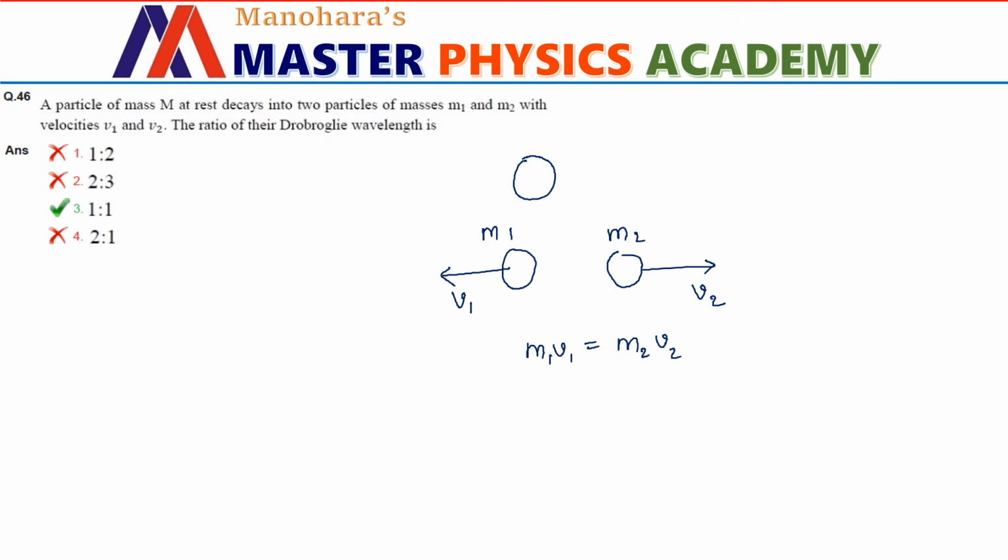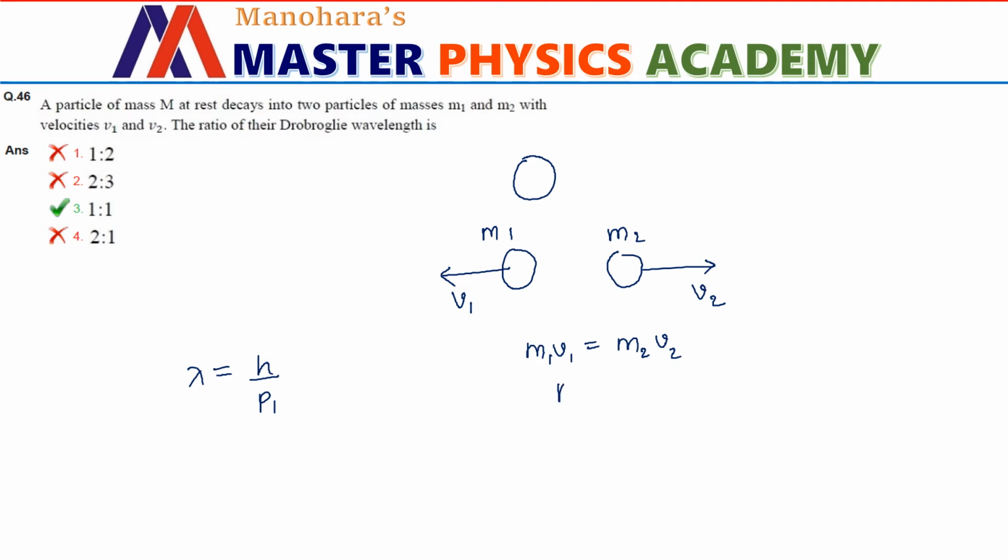The linear momentum before decay was 0. The linear momentum after decay should be 0. That is the reason why they need to fly in opposite directions with equal momentum. So we know that de Broglie wavelength is given by h divided by linear momentum.